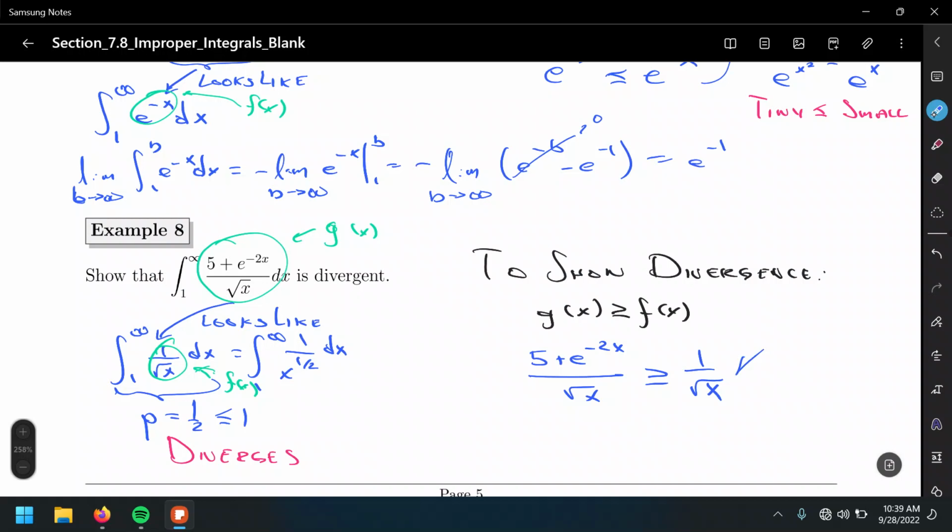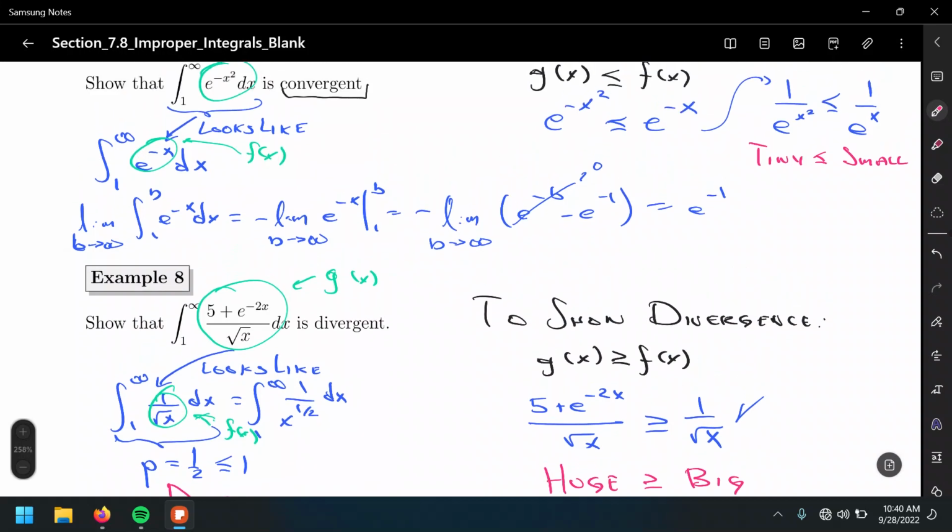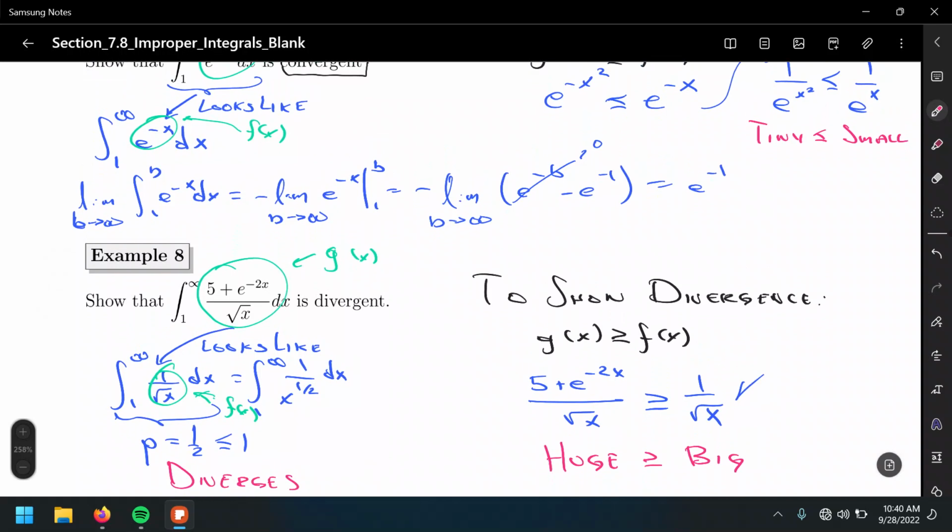So what are we showing essentially here? We are showing that huge is greater than or equal to big. So again, in summary, to show convergence, we need to show that tiny is less than or equal to small, and for divergence, we need to show that huge is greater than big.